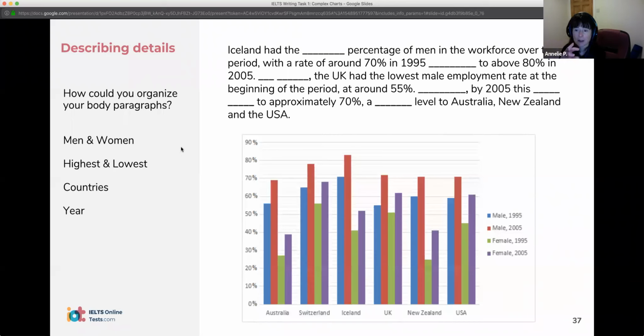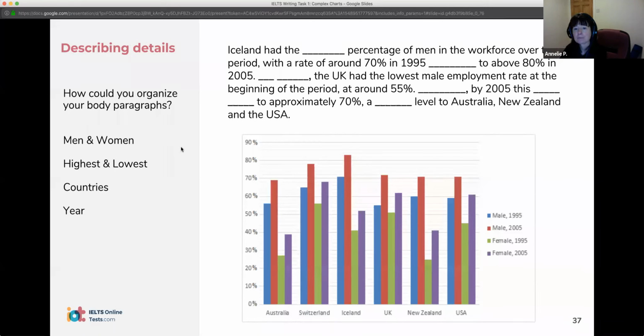But don't start by comparing men and women and then start talking about countries, okay? So consistency is what matters here, not which category you choose, okay? So we've here decided to go with men and women. So I think, as Yeswan said, one paragraph where you talk about the figures for men and one paragraph where you talk about the figures for females. Okay, keeps it very, very clear.